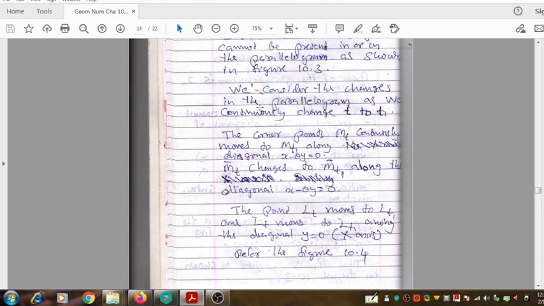When we consider the changes in the parallelogram, then we continuously change from t to t1. This t1 is a value for h, so we consider continuous change of h. As we do, we have to look at all possible real values of h.